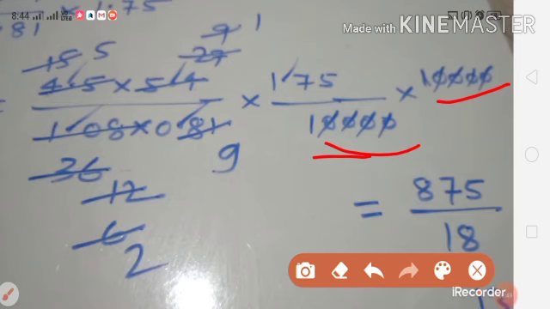So we start to cancel. First of all, 0 cancelling, 0 cancelled, 40 cancelled in above, in below, and go ahead for the cancelling.